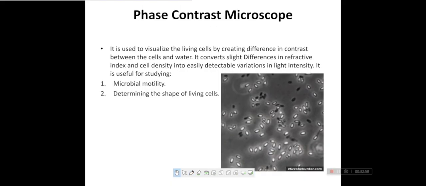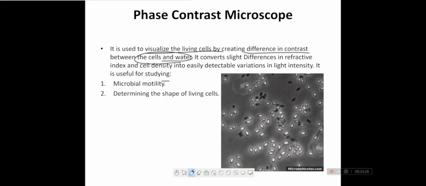Now next is the phase contrast microscope. In phase contrast microscopy, and in dark field also, living cells are used. It is used to visualize the living cells by creating differences in contrast between the cells and water.